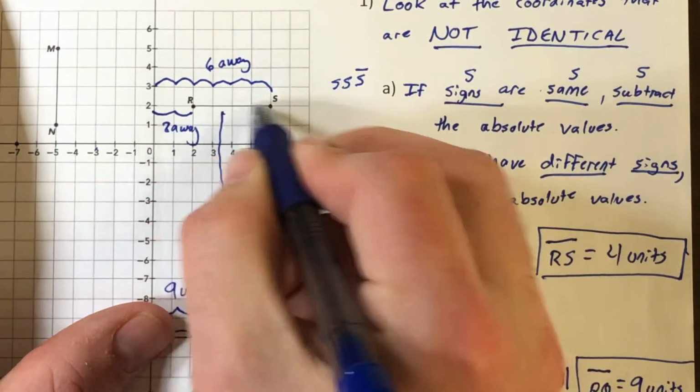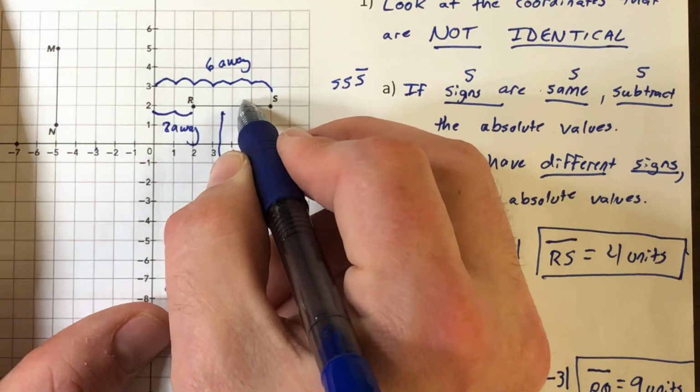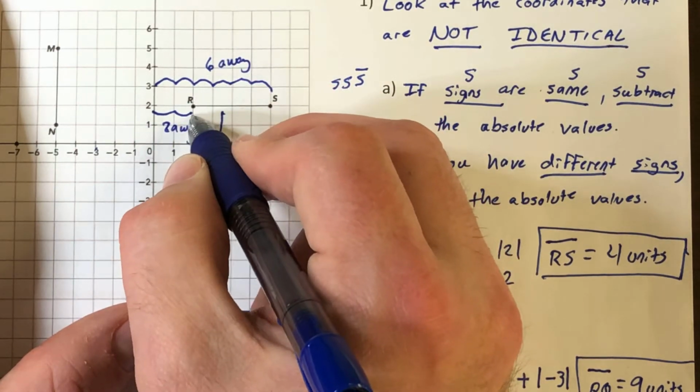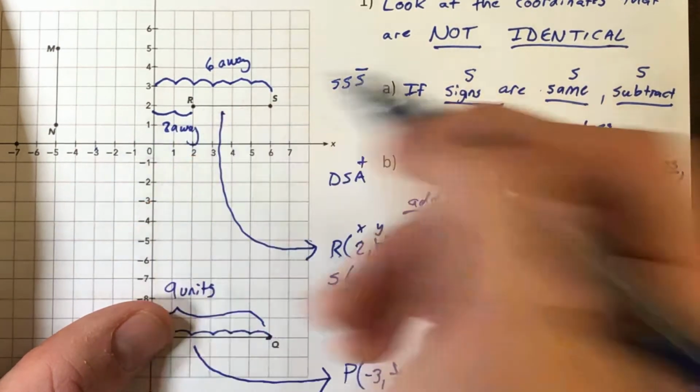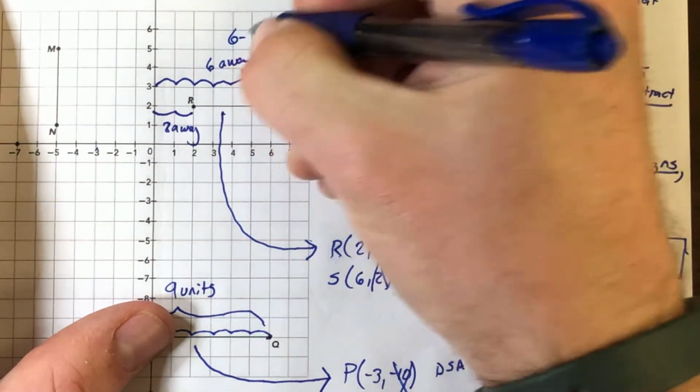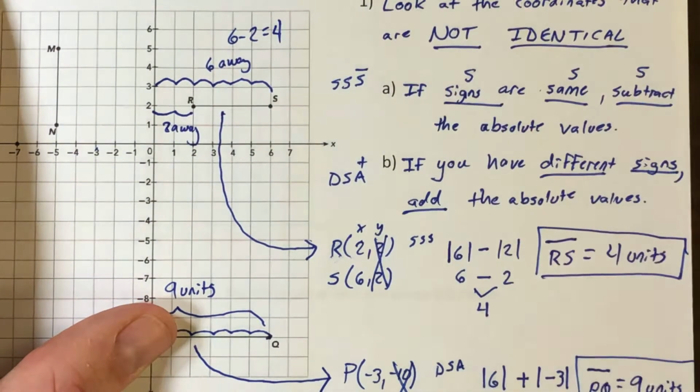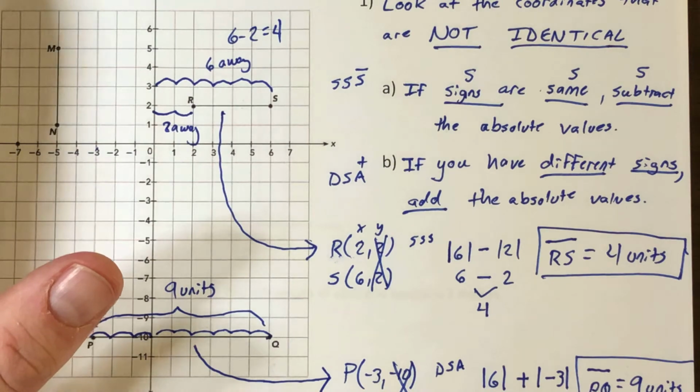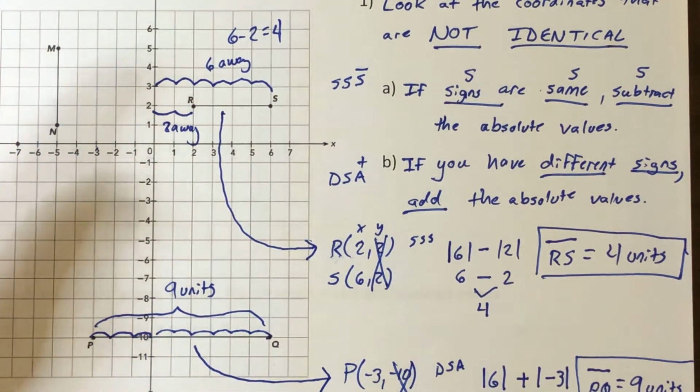So if I want the length of this part, I just need to take the difference. 6 minus 2, and you're going to get 4. And distance is always positive, so that's why you need your absolute value. Essentially, you're taking the distances from 0 and either adding or subtracting.